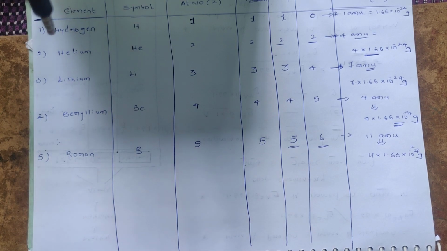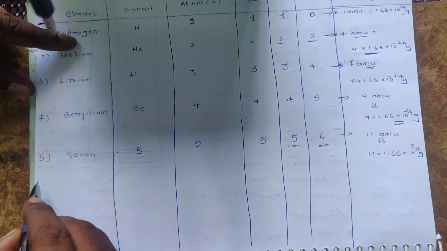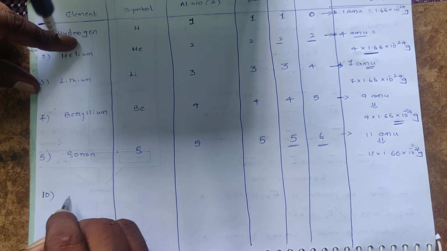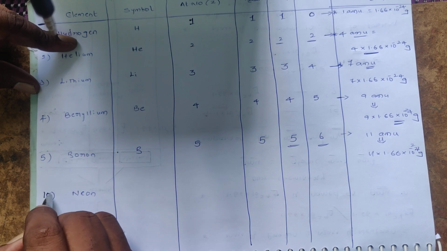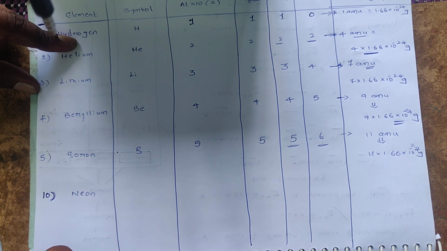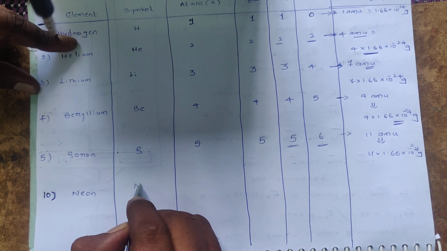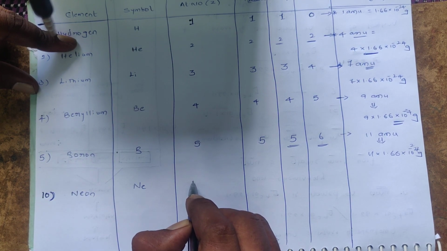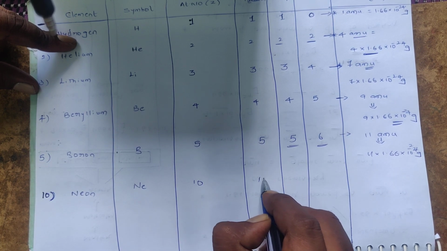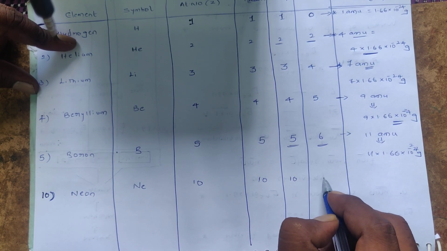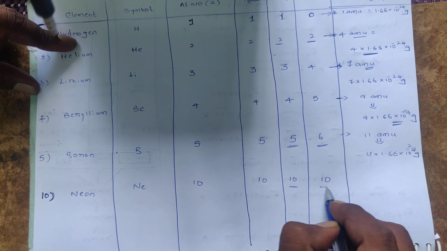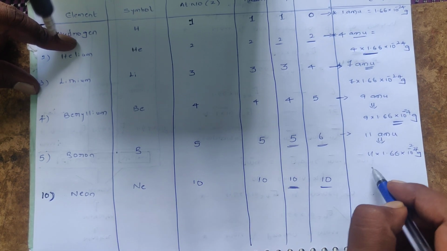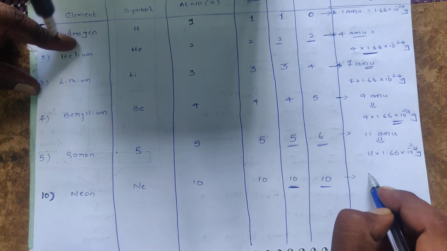Now come to the next element, neon. I am taking directly the 10th element, that is neon, whose symbol is Ne. Its atomic number is 10. Number of electrons 10. Number of protons 10. Number of neutrons 10. So the total number of particles which are responsible for the mass of a neon atom are 20.